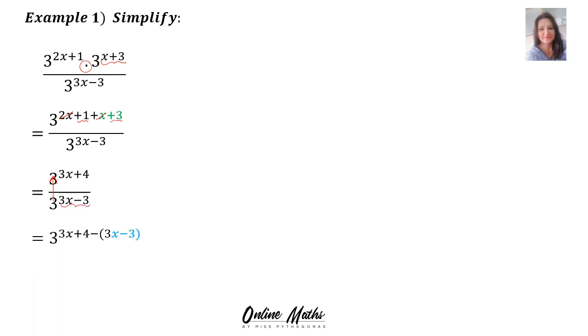But remember, you have to put that inside a bracket so that you end with 3 to the 3x plus 4 minus bracket 3x minus 3. In the next step, you will multiply in the minus and you end with 3 to the 3x plus 4 minus 3x plus 3. And then you can say 3x minus 3x is nothing and 4 plus 3 is 7. And your answer, 3 to the 7.